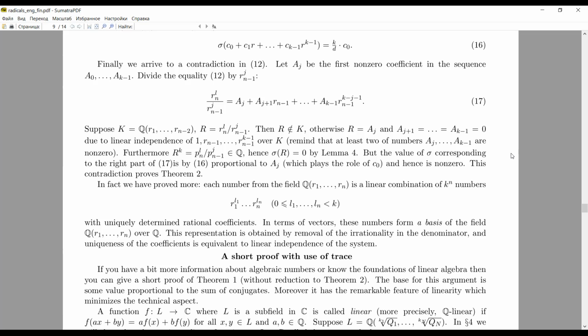So R doesn't belong to k, but R^m belongs to k for some m.